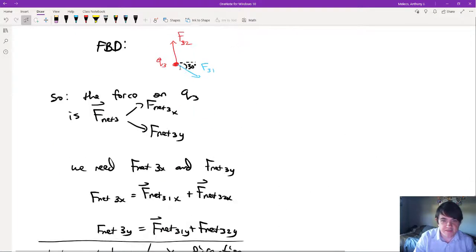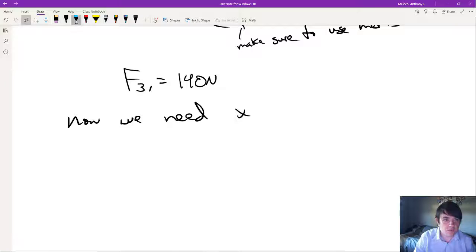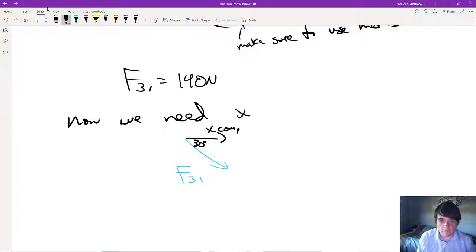F31 is this vector. So let's look at this vector. This is F31, okay? And this is our angle, 30 degrees. Now, this right here is our x component, and this right here is our y component.